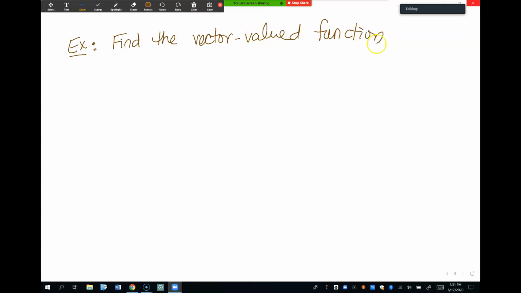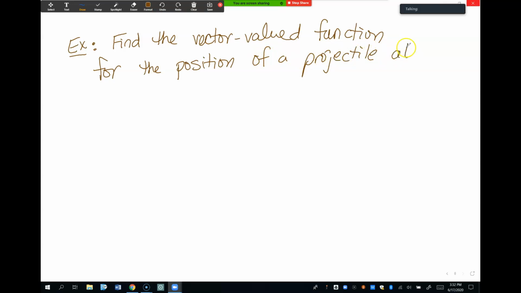Okay. We are going to find the vector valued function for the position of the projectile at time t.